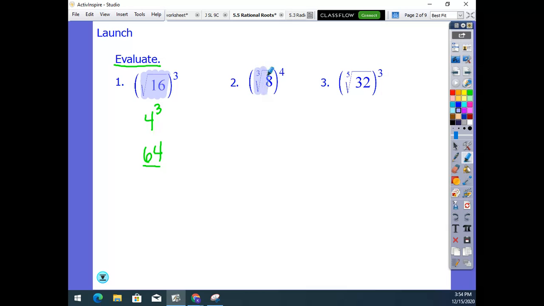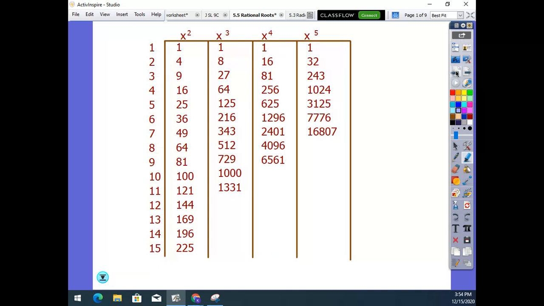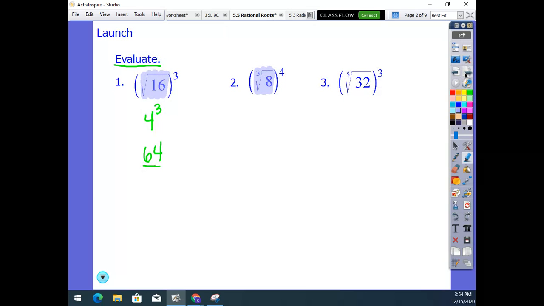The cube root of 8 is how you read this. So go to the cube column, find 8, and you go all the way over, it's 2. So that's kind of how you use that. So the cube root of 8 is 2, and then follow 2 over to the fourth column, 2 to the fourth is 16.